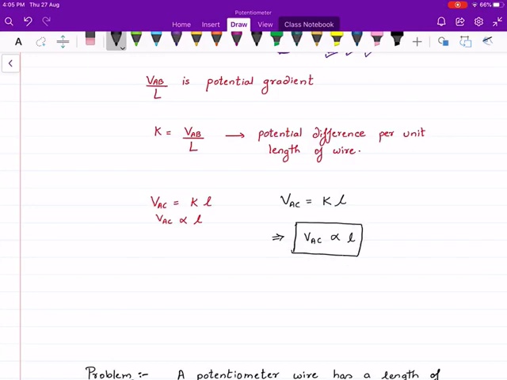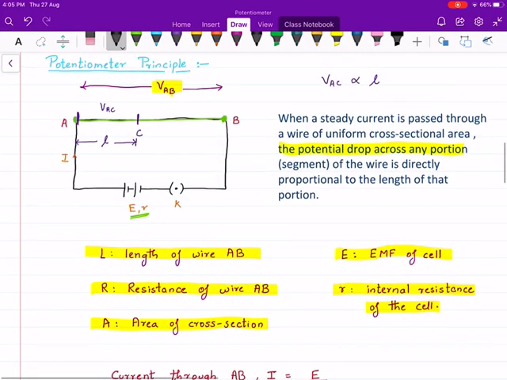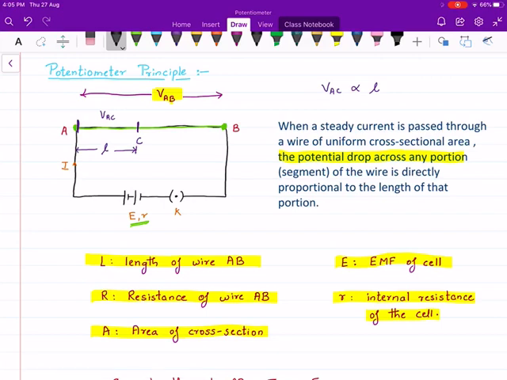Thus we have seen that this statement, what is given as the principle of potentiometer, is correct. We do get VAC is proportional to L. What does that mean? As you go on increasing the length of this segment of wire, the potential drop across it will go on increasing.